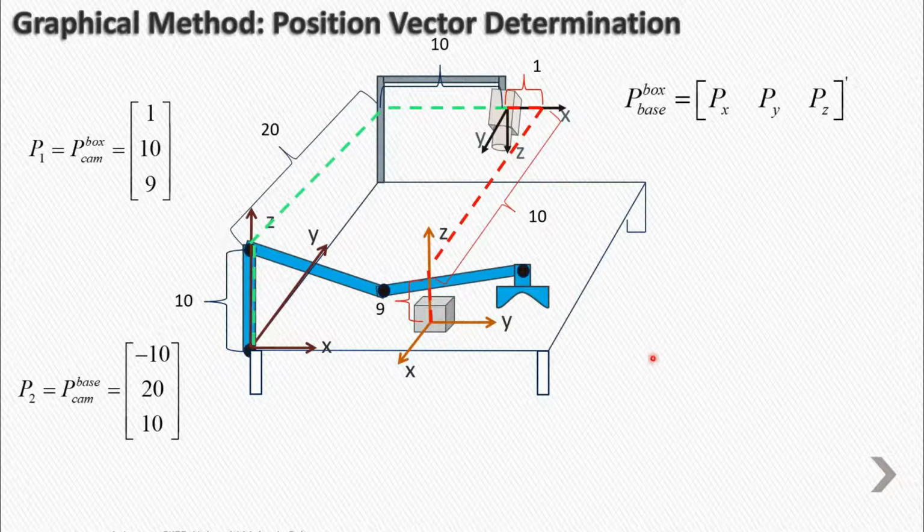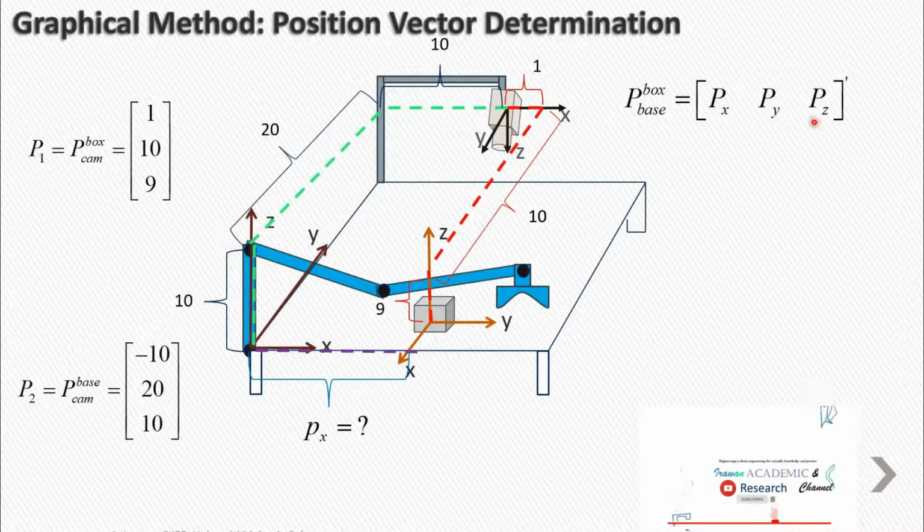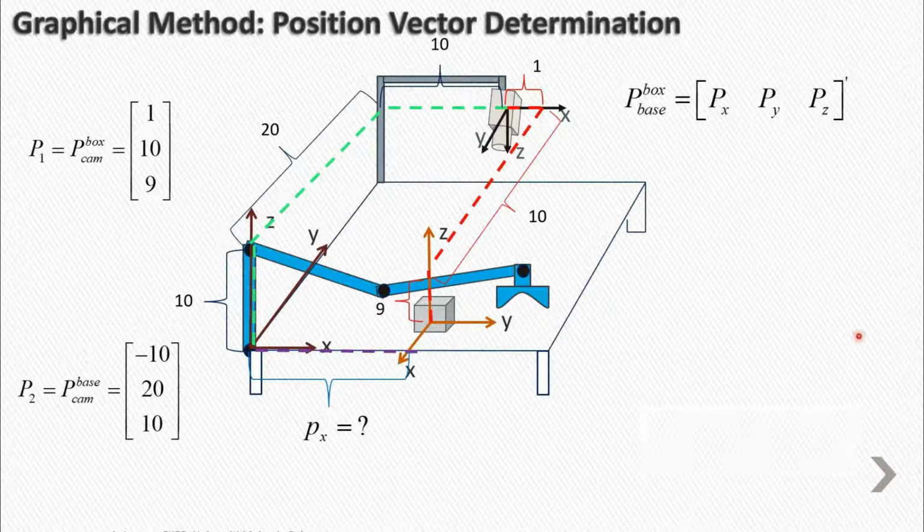Okay, so how about between the base and the box? Okay, firstly we need to determine the px. Okay, px for the base to box. So here we can see that the coordination involved is the y coordination of the cam to box or P1, and x position of the P2 and x position of the P1.